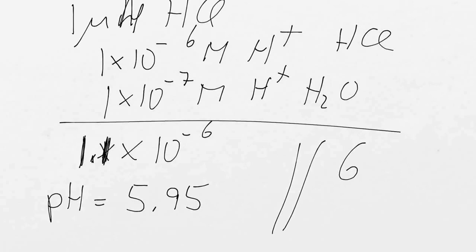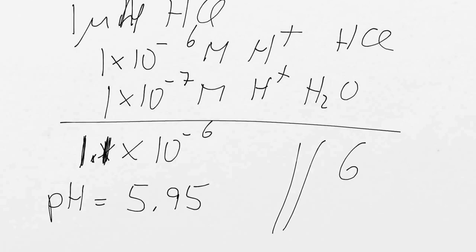Any questions? Are you happy with that? Try that out with your demonstrators in the next practical class. Ask them what is the pH of a 1 nanomolar hydrochloric solution. Let's see if they can do that.